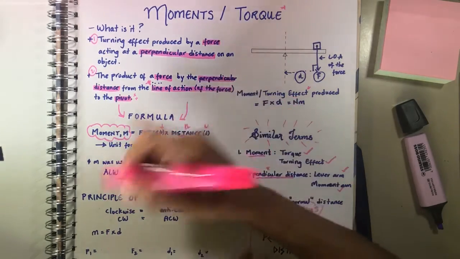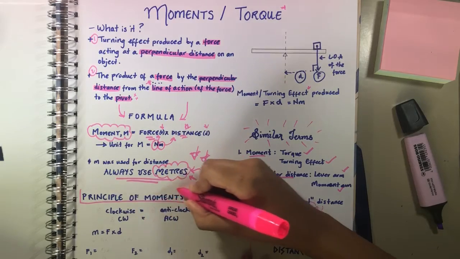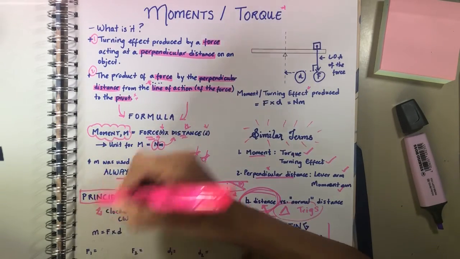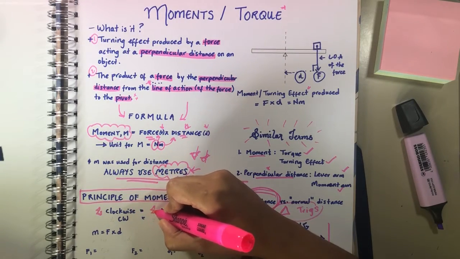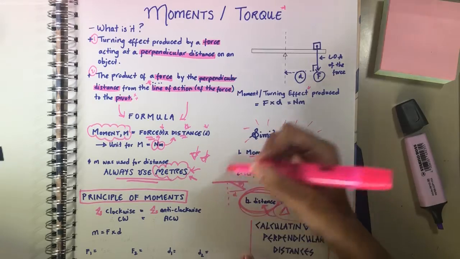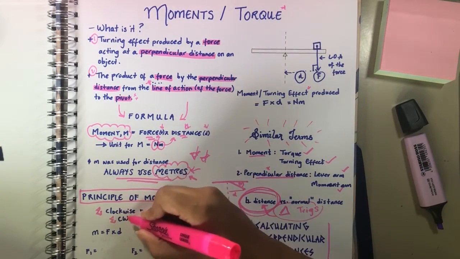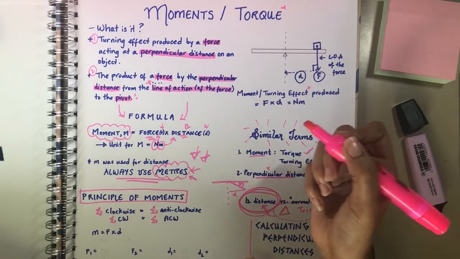So an important thing you need to know under this topic is the principle of moments. This principle states that the sum of clockwise moments about a point is equal to the sum of anti-clockwise moments about said point. So we can shorten this and put the sum of CW is equal to the sum of ACW.